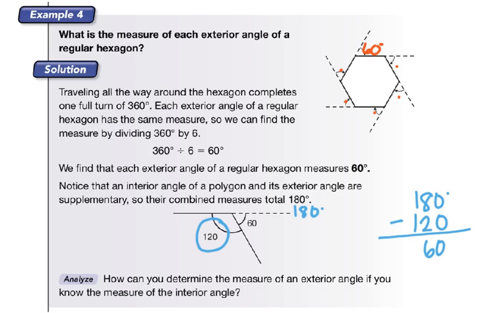So now we have proven this not only from our 360 divided by 6, but taking a straight line and using supplementary angles. Remember that vocabulary word? 2 angles adding up to 180 degrees, supplementary angles, to then find that it is in fact true that our exterior angle is 60 degrees.